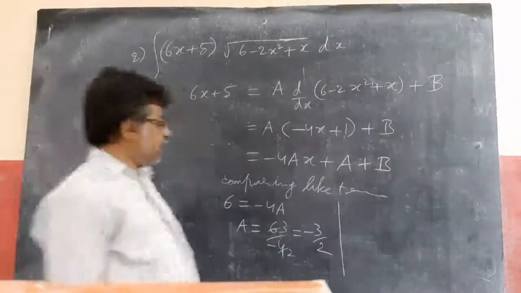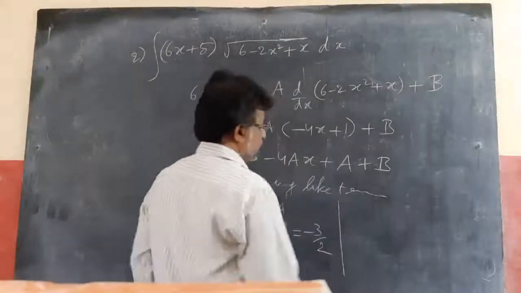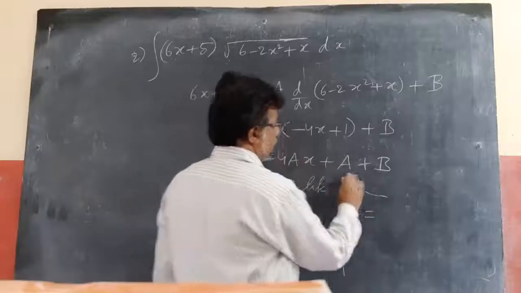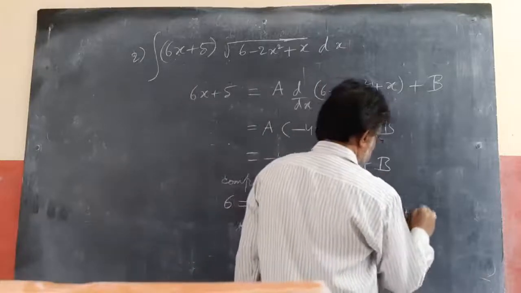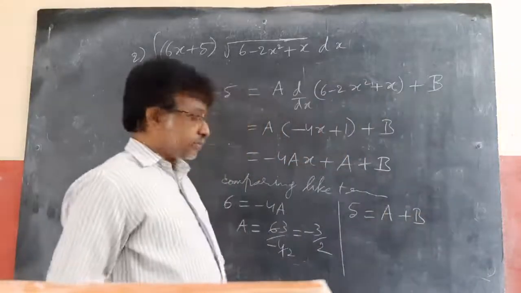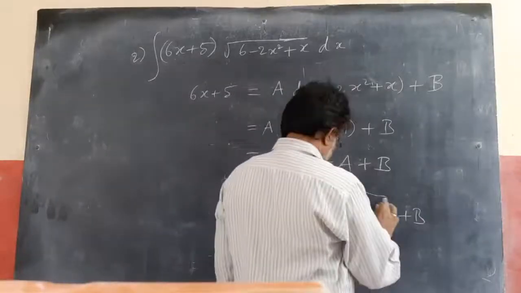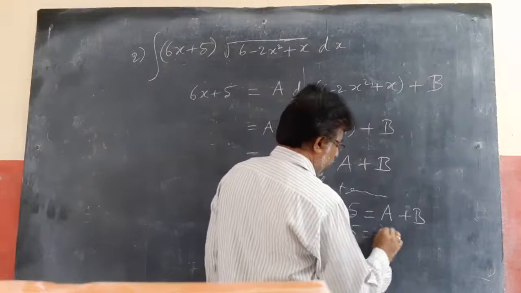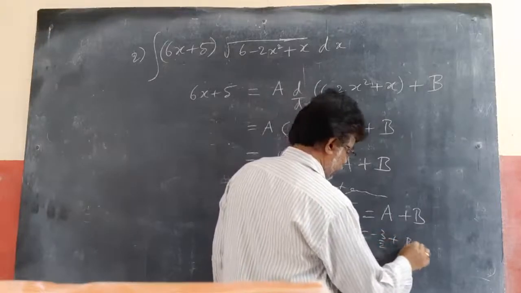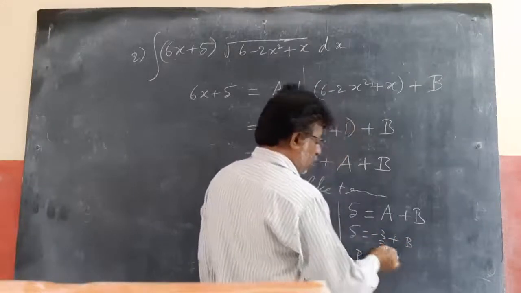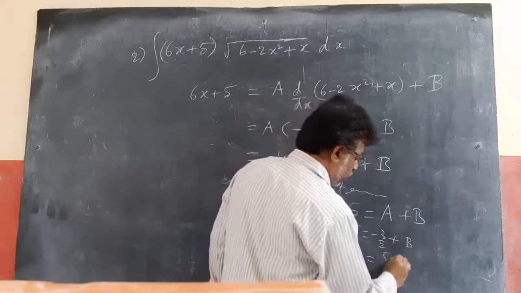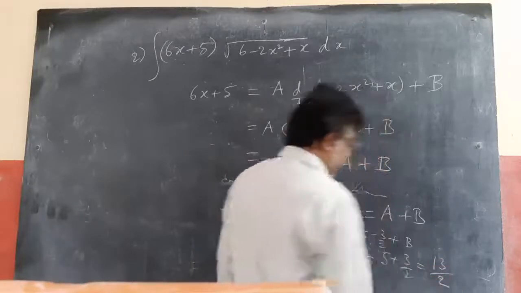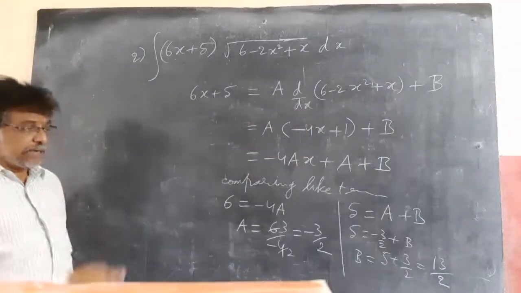Next, comparing constants: 5 is equal to the constant on this side, a plus b. The a value we already got, that is minus 3 by 2. So 5 equals minus 3 by 2 plus b. So b equals 5 plus 3 by 2, which is nothing but 13 by 2. So we got the a and b values.